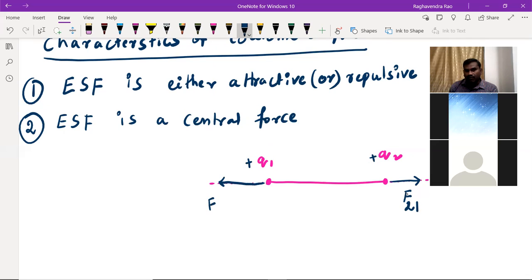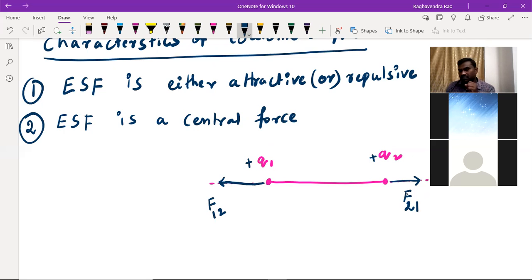Force exerted on one due to two is acting in this direction. Now these two forces are along the line joining the centers of the two charges. So if any force is acting along the line joining the centers of the two charges or two masses, it is known as central force.